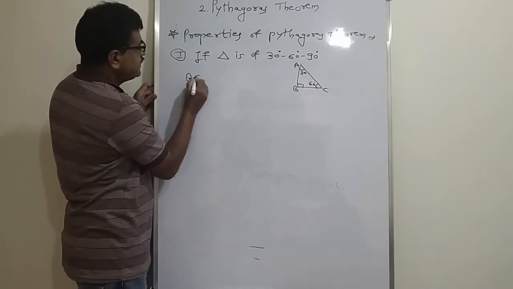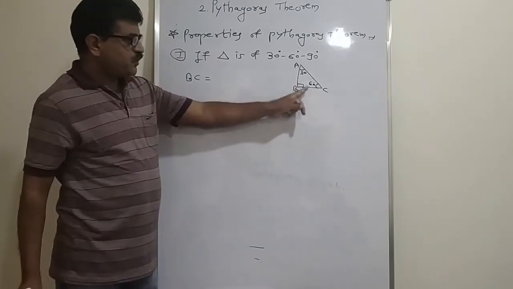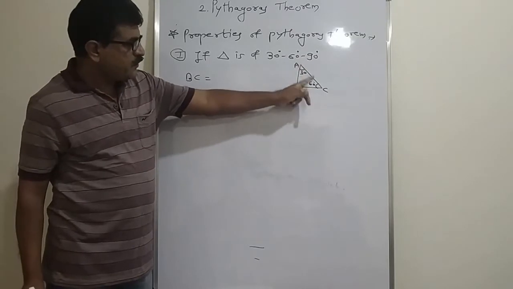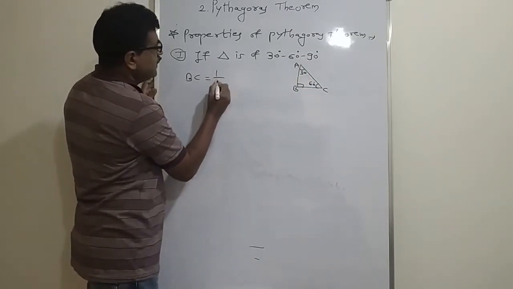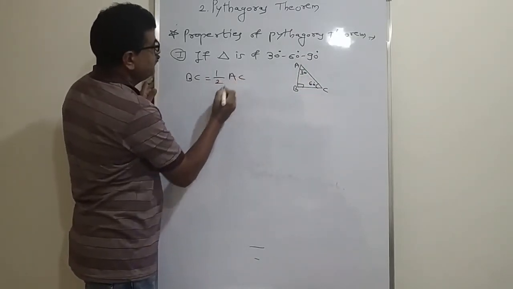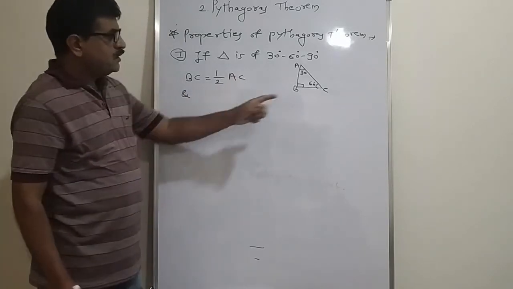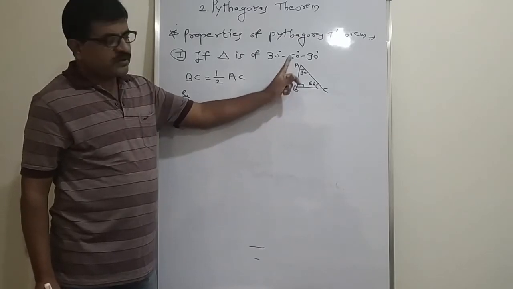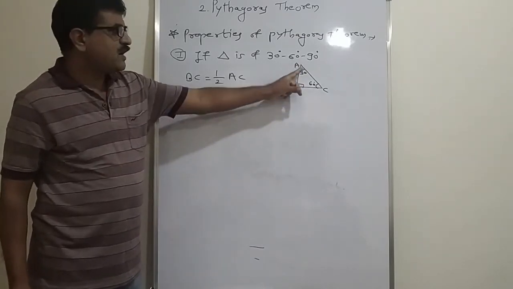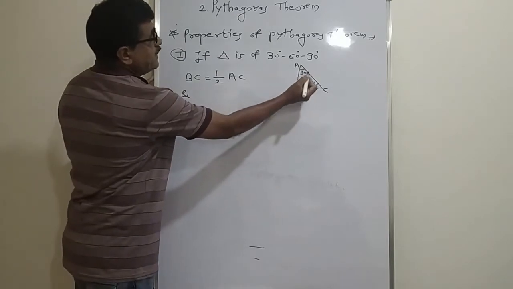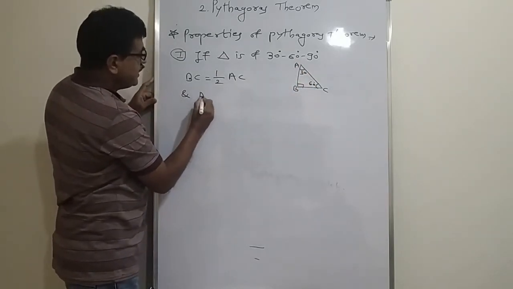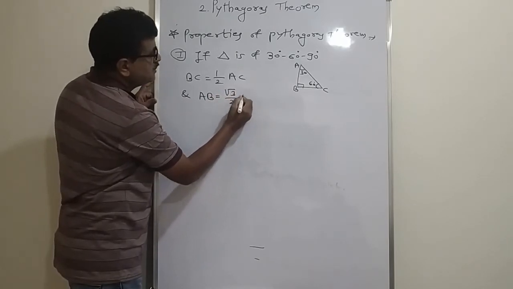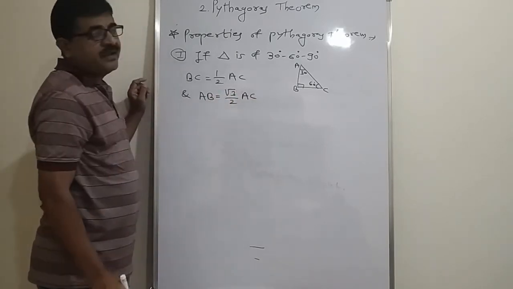Therefore, BC is equal to half of the hypotenuse. Here the hypotenuse is AC, so BC is 1 upon 2 AC. Number 2: the side opposite to 60 degree, that is AB, is equal to square root 3 upon 2 times the hypotenuse AC.